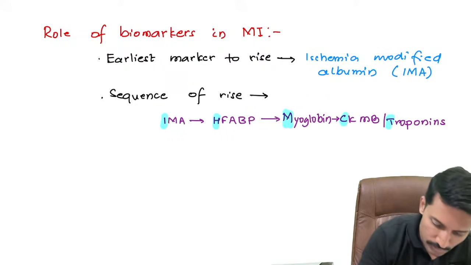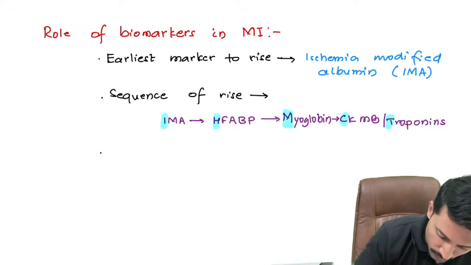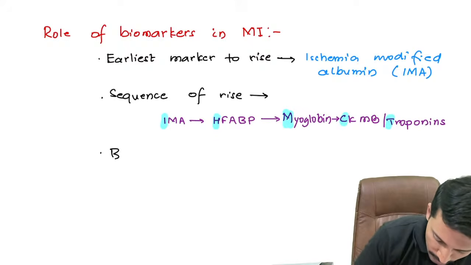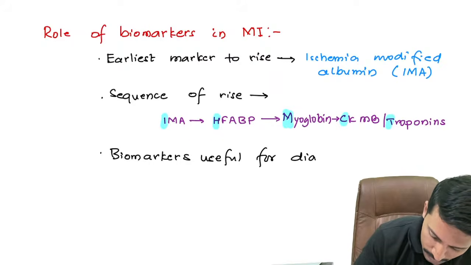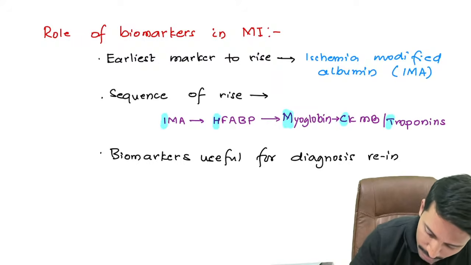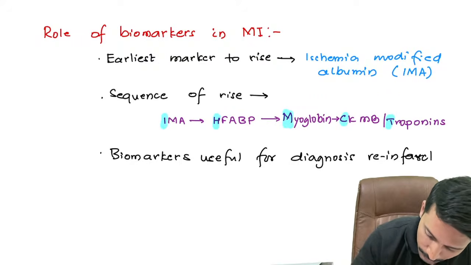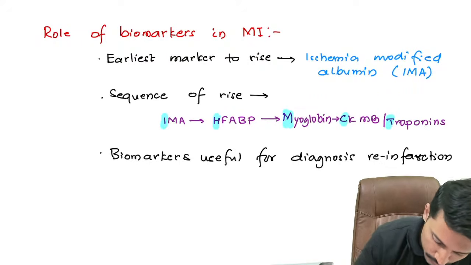Okay. Now the third thing you should write is the biomarkers useful for diagnosis of reinfarction, because after one MI, it doesn't mean that MI will not happen again. So for diagnosis of reinfarction, which markers are used, right?